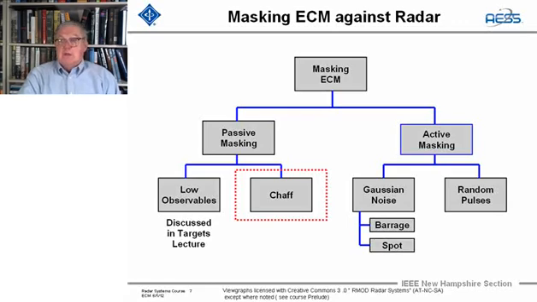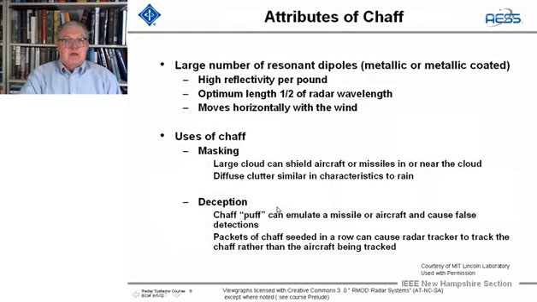People talk in the news about unmanned aircraft like Predator having stealth capabilities. To the extent one can talk in the open literature, we talked about radar cross-sections to some degree in the targets lecture, but all of this is really classified and we can't go into it. But the one area you can go into, and we're going to focus on quite a bit, is chaff. And that's what we're going to start focusing on now.